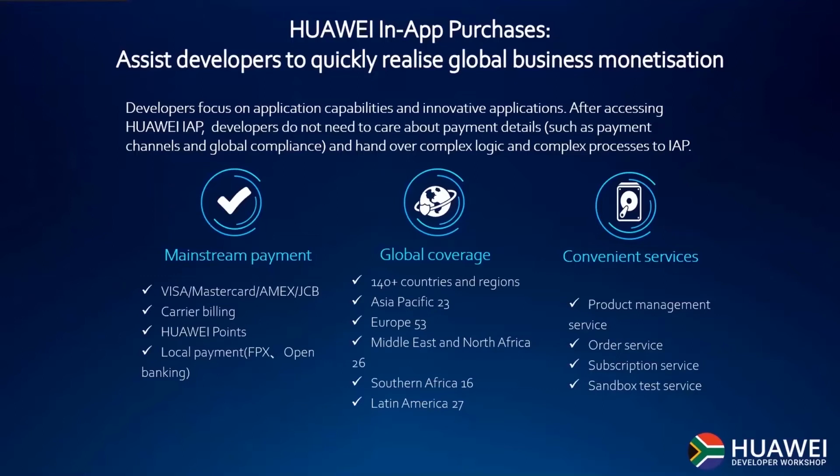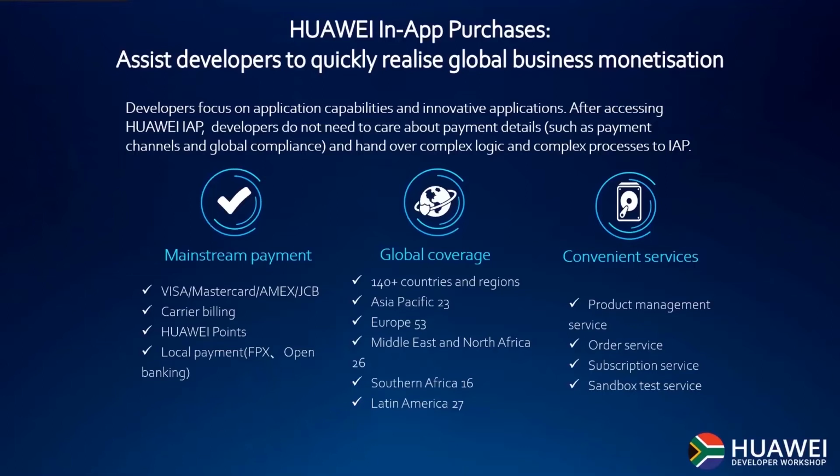It supports mainstream payments. It gives you global coverage with over 140 countries. And the nice thing about that is that it also does the automatic conversion of currencies as well as the language of wherever the user is that is using your app. So you don't have to configure that yourself.